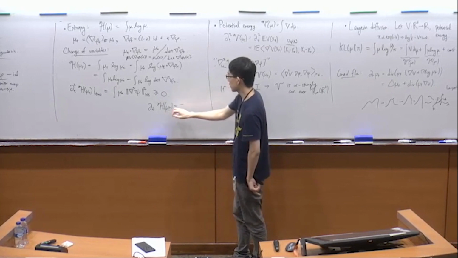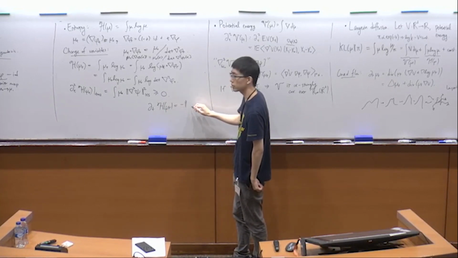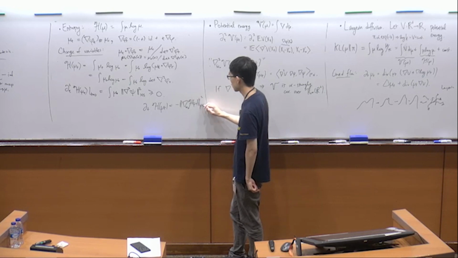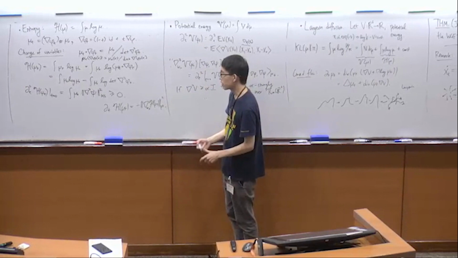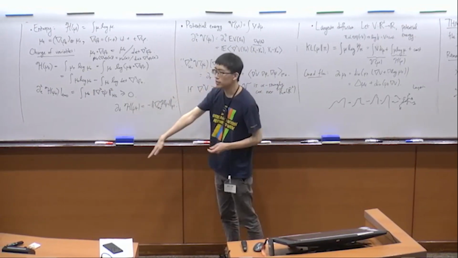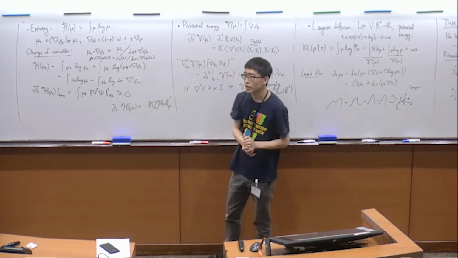Along the Wasserstein gradient flow for the entropy, the derivative is always given by minus the Wasserstein gradient. Because the heat flow is the Wasserstein gradient flow of the entropy, the entropy is always decreasing along the heat flow. But decreasing in my convention is increasing in the thermodynamic convention.